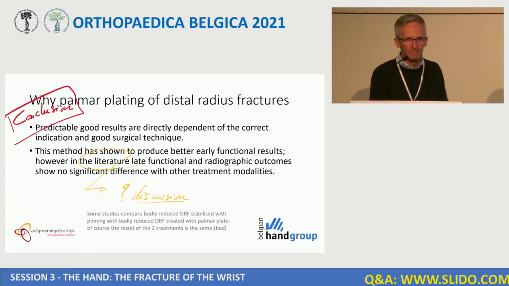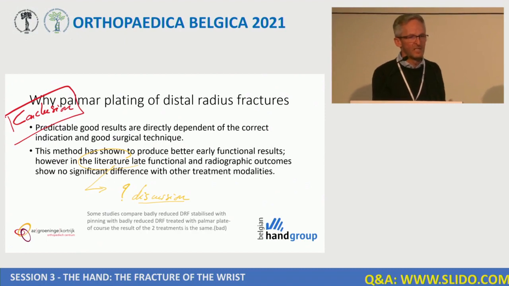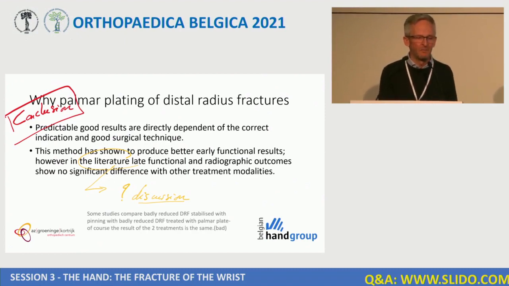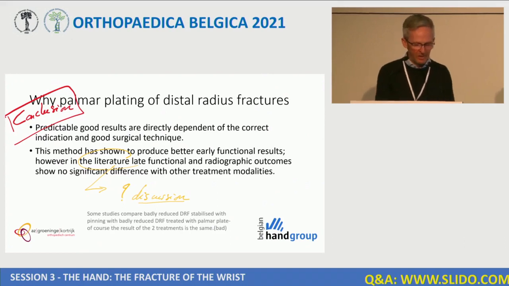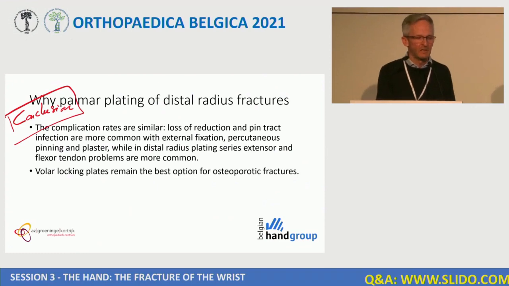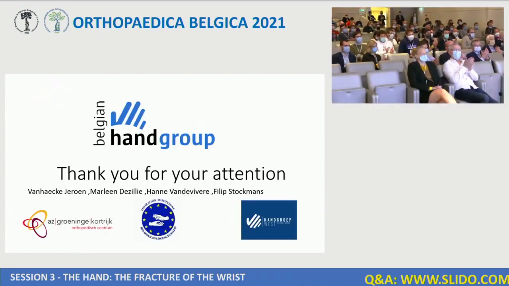I think that we have a bias in our literature, because you have, like I stated, badly reduced distal radius fractures stabilized with pins compared with badly reduced palmar plated ones. So you have to be very critical about literature. So the complication rates are similar, but the volar locking plate is really, I guess, the main choice and the best option and the right indication for osteoporotic fractures. I thank you.